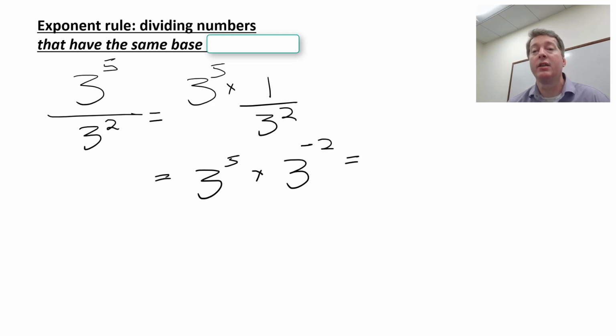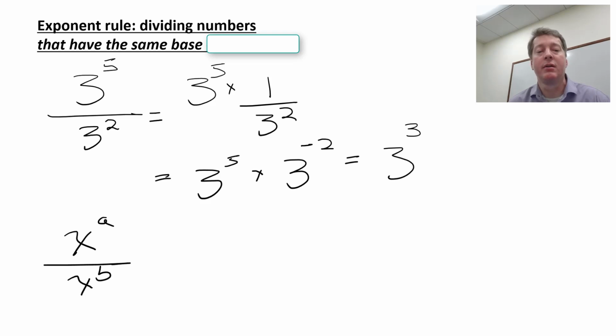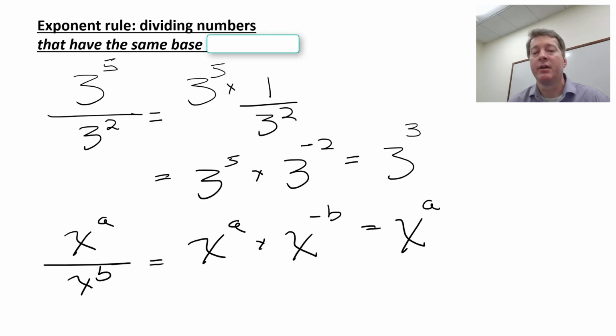So really, we're applying the addition rule. 3 to the 5th times 3 to the negative 2, you're adding the exponents. So that's 3 to the 5 minus 2, that is 3 cubed. So really, x to the a divided by x to the b is the same thing as x to the a times x to the negative b, so it's x to the a minus b.